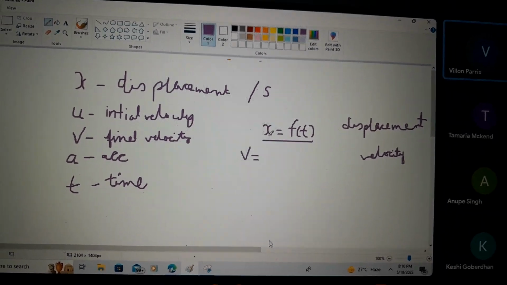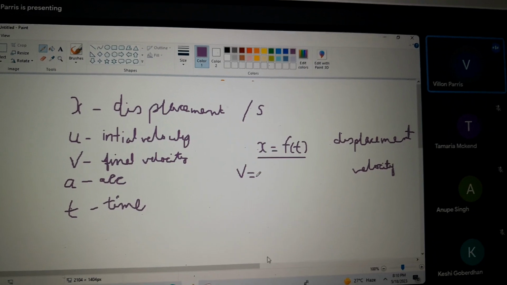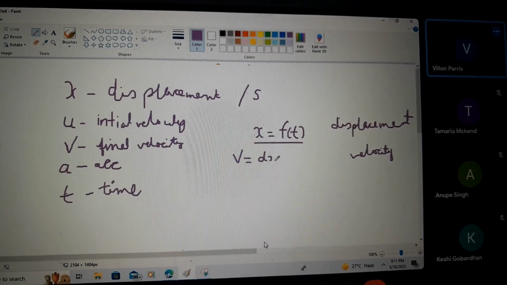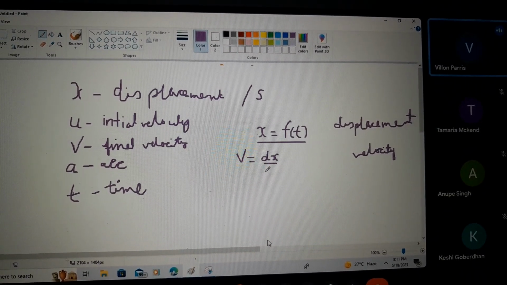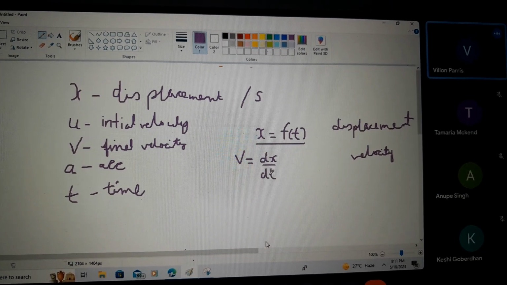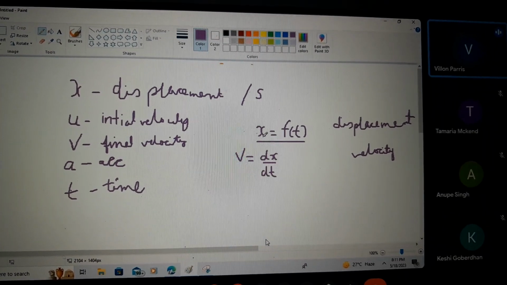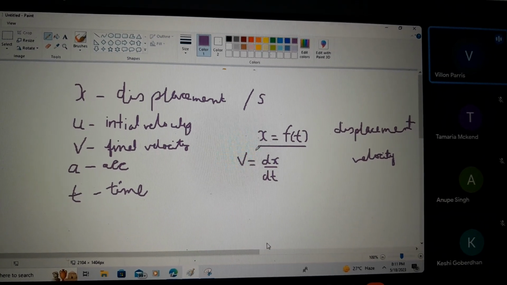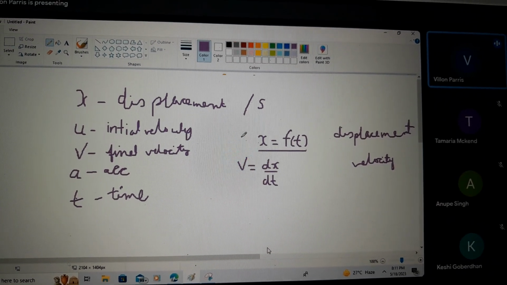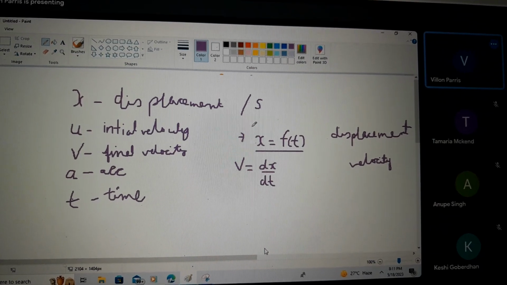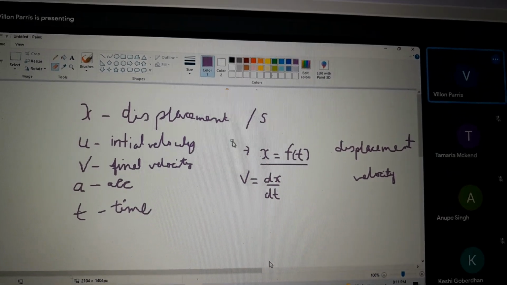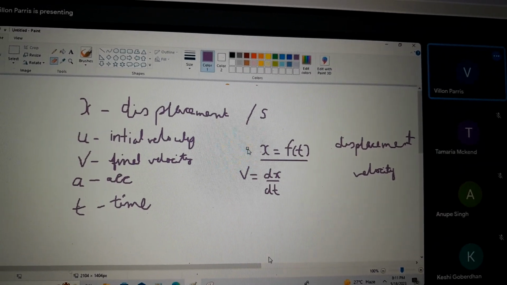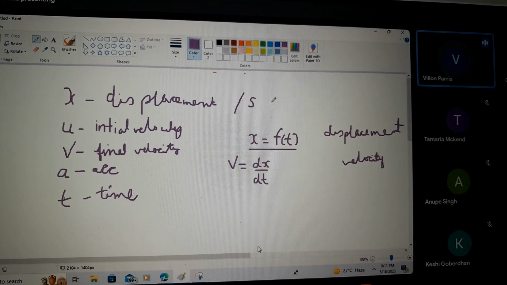If I differentiate x with respect to t, I'll get dx over dt. This simply means if you're given your displacement function and it asks you for velocity, just differentiate the function they give you. Is that clear, everyone? Yes, sir.